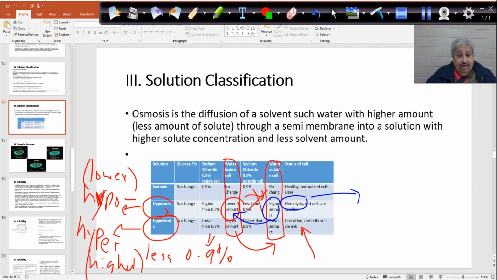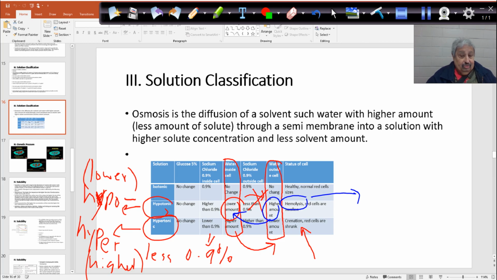Remember, when you have higher H2O inside, for example, it means you have a lower amount of sodium chloride. When H2O is less, the sodium chloride will be a little bit higher. So the amount of sodium chloride will depend on the amount of H2O.